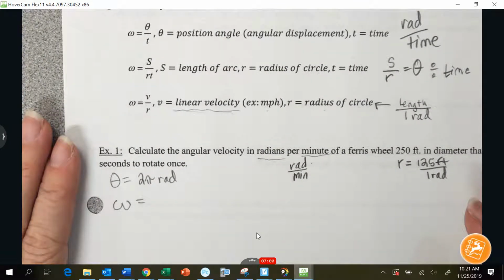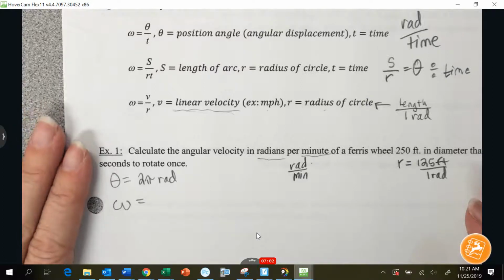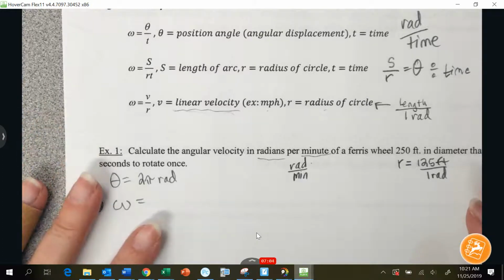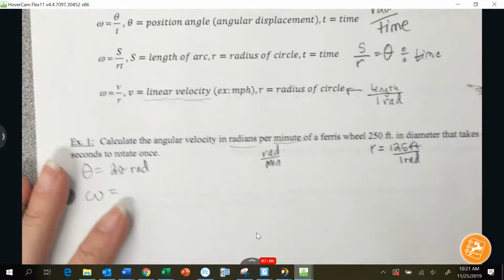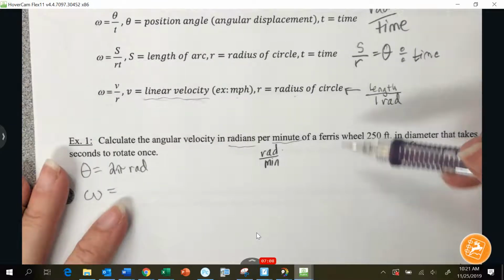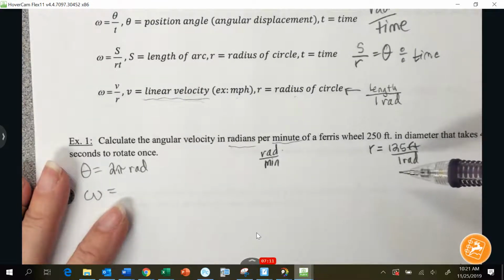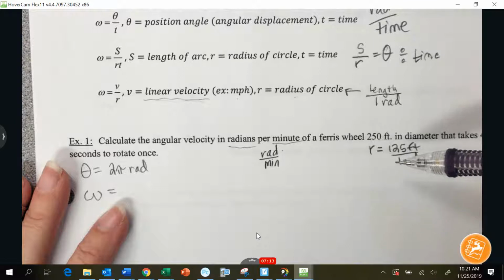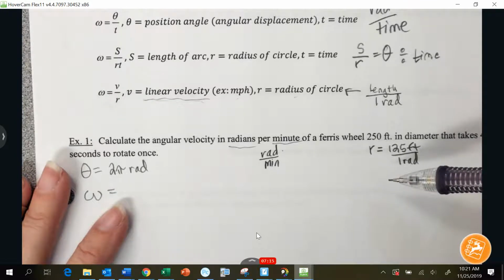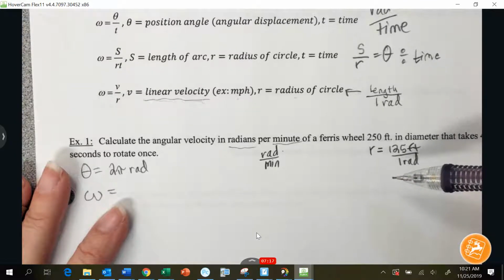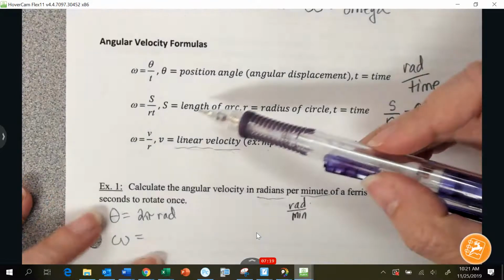Do I need the length of the radius to find radians per minute? Do we know the arc length?